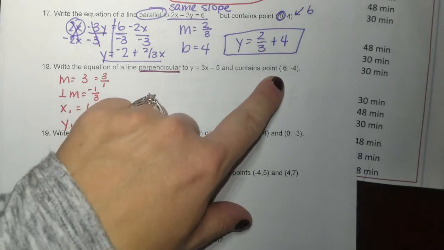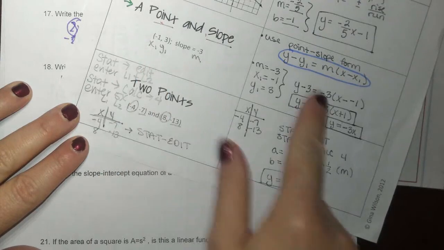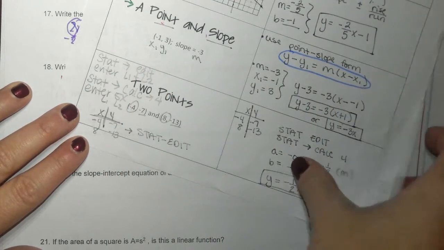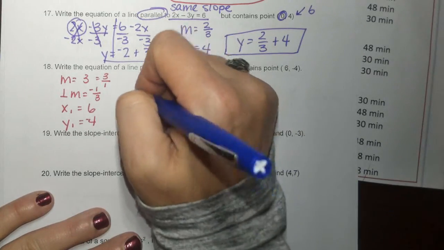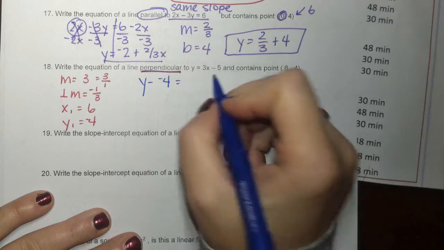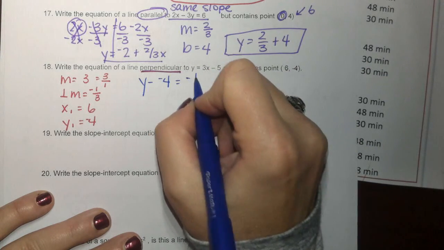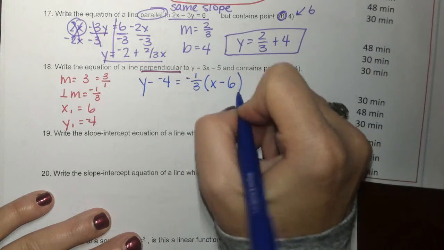If they give you a point and a slope, you have to do this formula. So let's go ahead and put that in. Y minus y1, which is negative 4, equals m, which was negative 1/3, times x minus x1, 6.